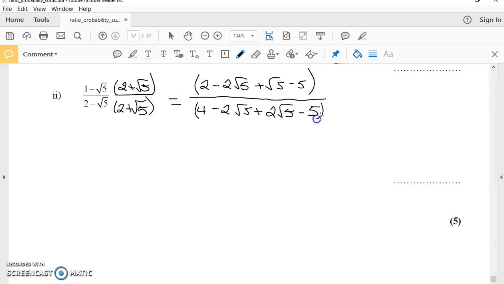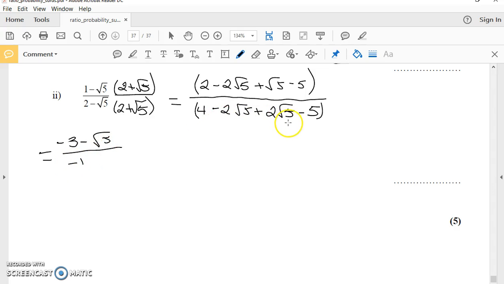Okay, so then when I simplify that, again, I want to simplify my whole numbers first, so 2 minus 5 gives me minus 3. Okay, and then minus 2 root 5 plus root 5 leaves me with minus root 5. Okay, and then on the denominator we have 4 minus 5 gives us minus 1.